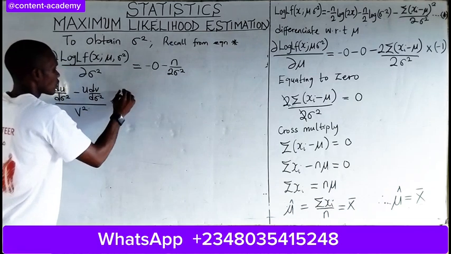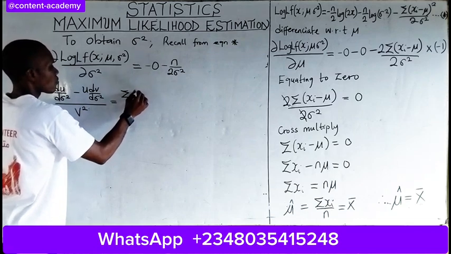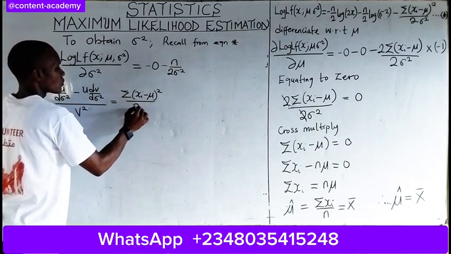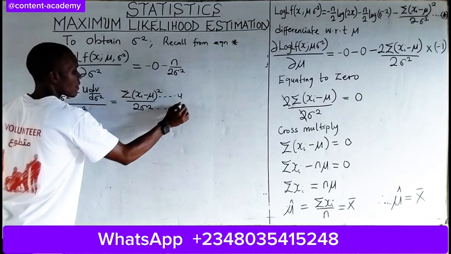Of course, if we write this out, we'll see that we'll have summation of (xi minus mu) all squared all over 2 sigma squared. So we'll take this as our u and we'll take this as our v.